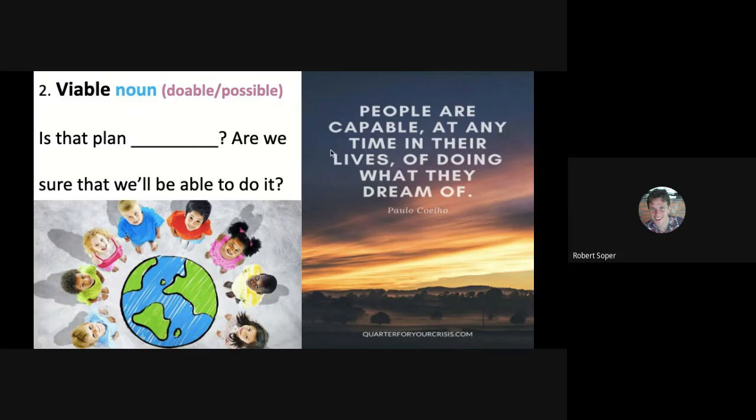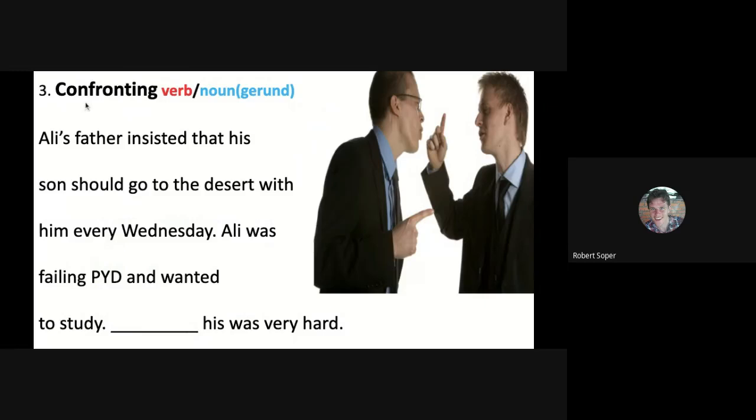Let's move to the next word. Here we've got the word confronting. Confronting is a verb, but it also can be used as a noun, commonly as a gerund when it's being used as a noun. So what does confronting mean? To confront.